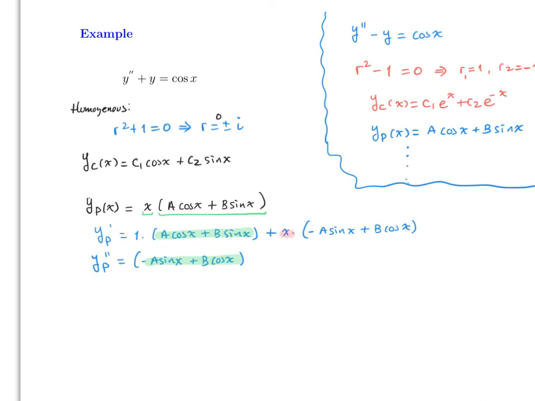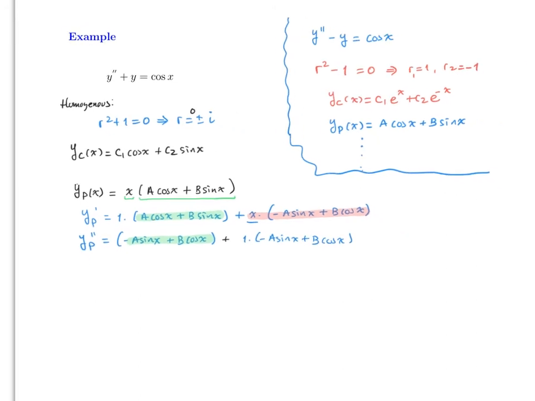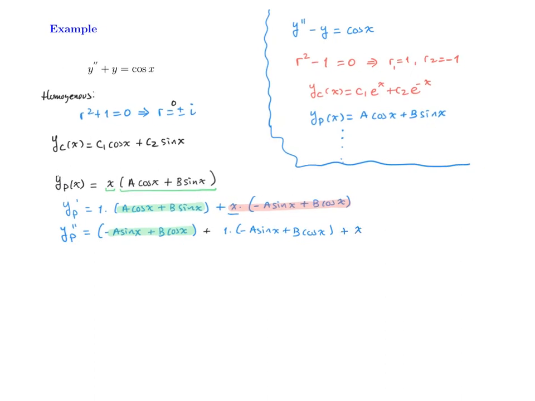And now you need to figure out this derivative, in which we had to use the product rule again. So it will be the derivative of the first one, which will be 1 times the second one, plus the first one, which is just x, times the derivative of the second one, which would be minus a cosine x minus b sine x.